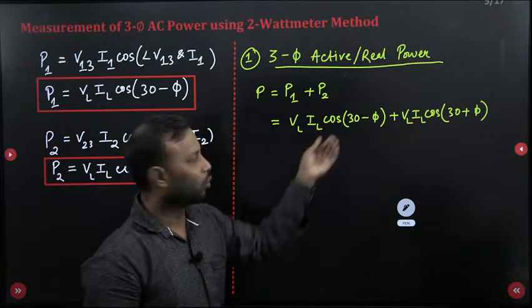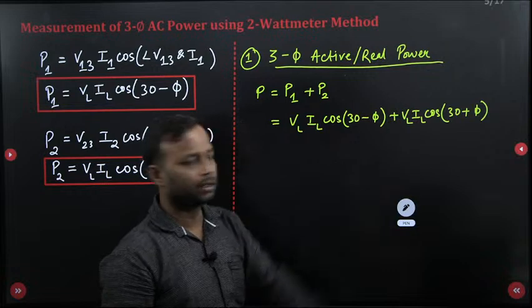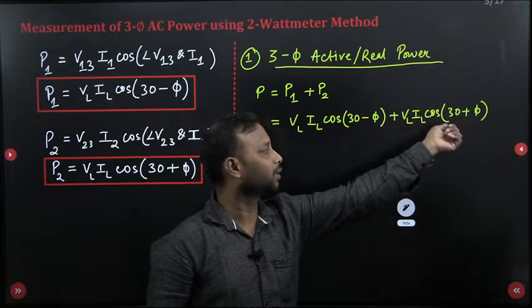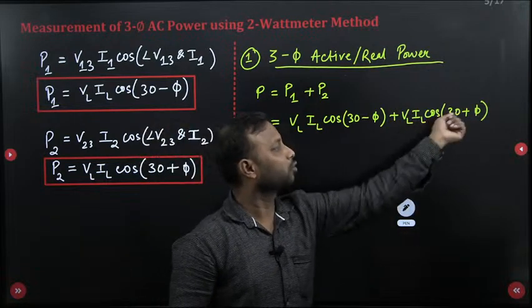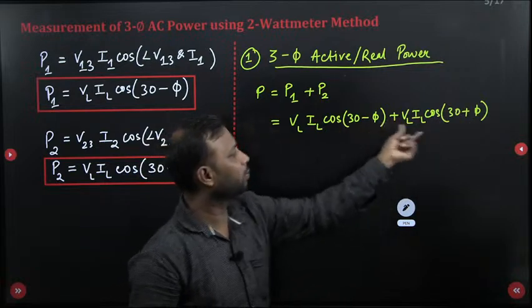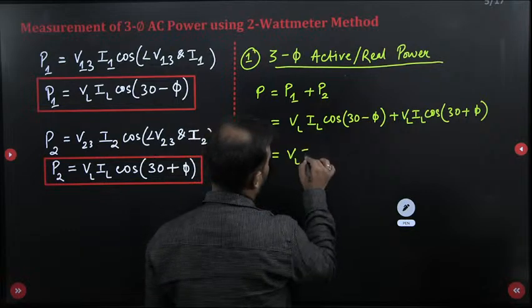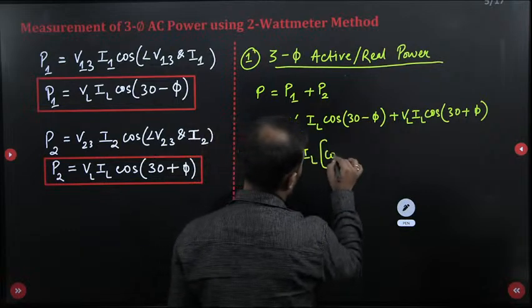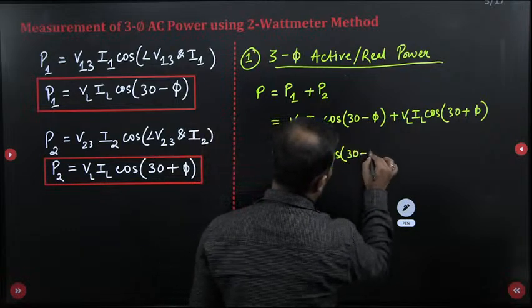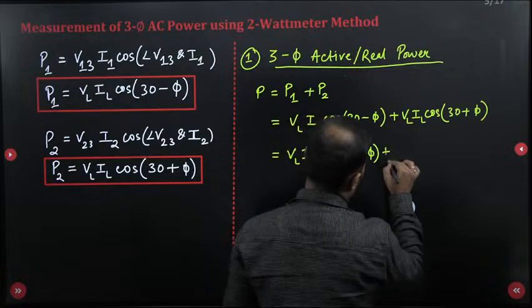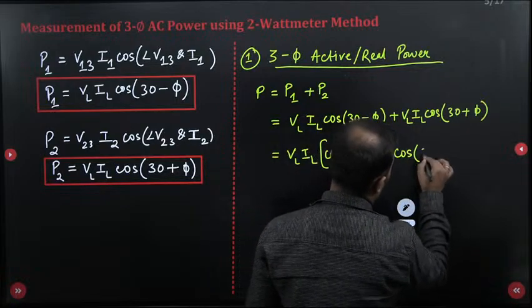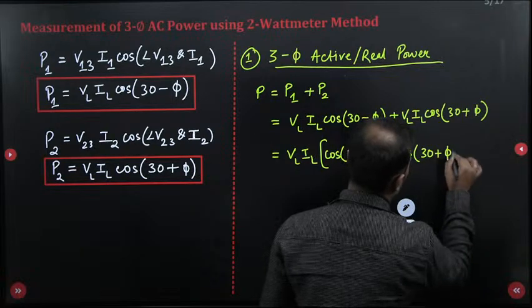So this is cos A minus B, isn't it? And this is cos of A plus B. Cos of A minus B plus cos of A plus B, means like this: cos of 30 minus phi plus cos of 30 plus phi.